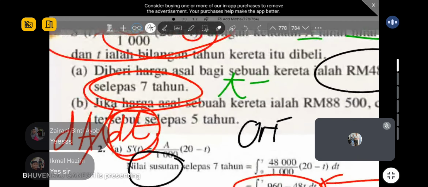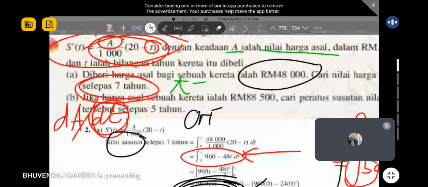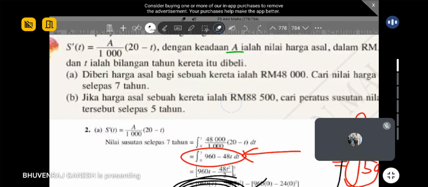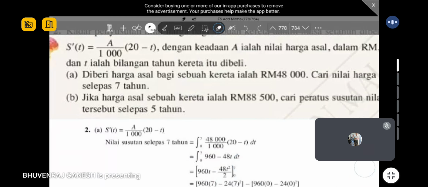Okay, now question B. For question B, they ask to find the percentage. It's a little different. They want you to find the percentage. So they give the original price. So this is your A value. Still the same process. You must do integration.